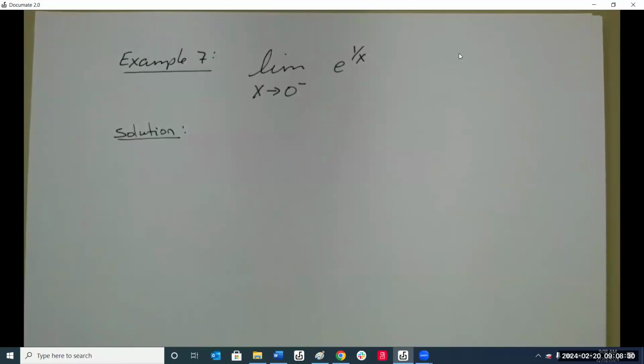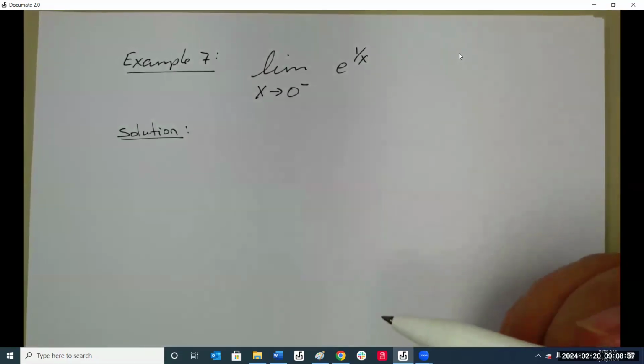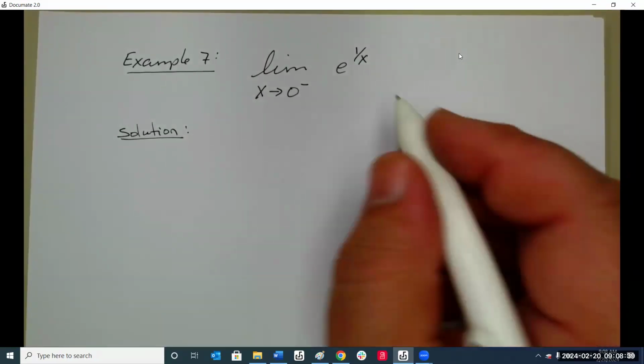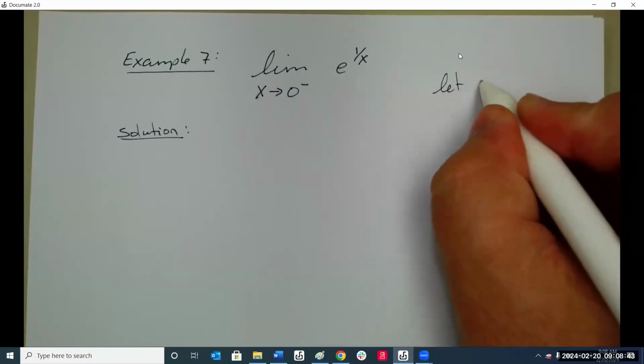Can we do what we just did earlier? We have 1 over x. Have we seen that before? The sine over 1 over x. What do we do when we had that?